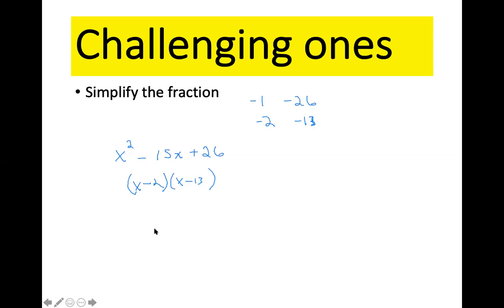All right, let's give one to Allie. How about this one? x squared minus 5x minus 24.